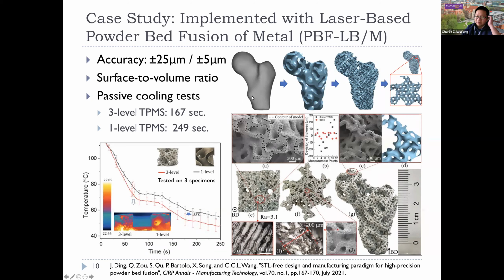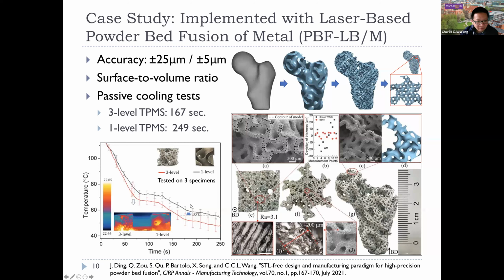And one of the major benefits of these multiple-scale structures is that we are able to greatly enhance the surface-to-volume ratio, which brings very good properties, showing a very good performance and efficiency of heat transfer in this passive cooling test.